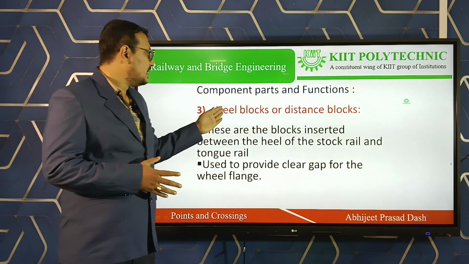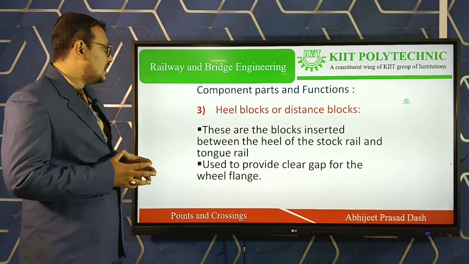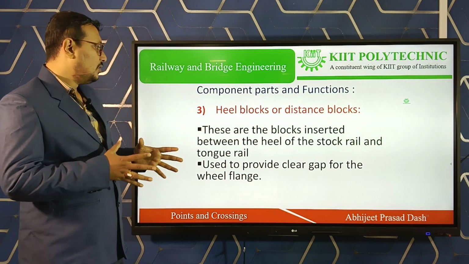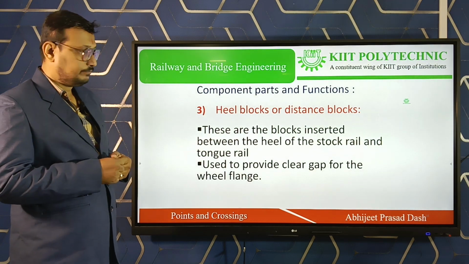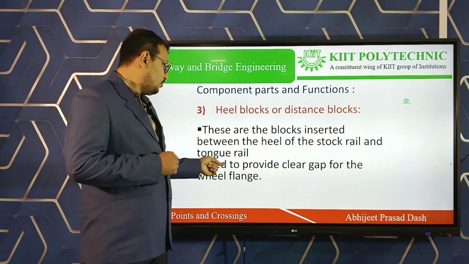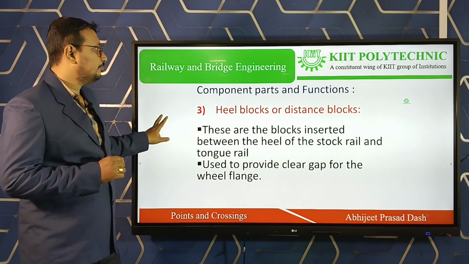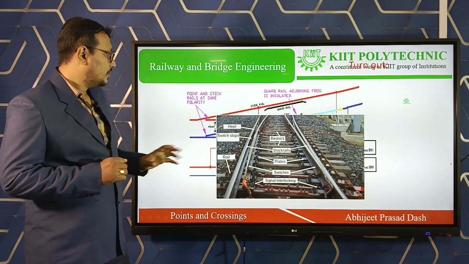Now the third component is heel blocks or distance blocks. These are the blocks inserted between the heel of the stock rail and tongue rail used to provide clear gap for the wheel flange, train wheel flange.